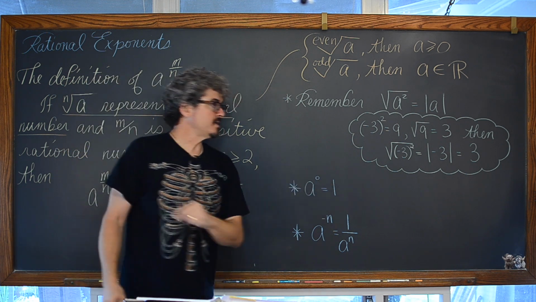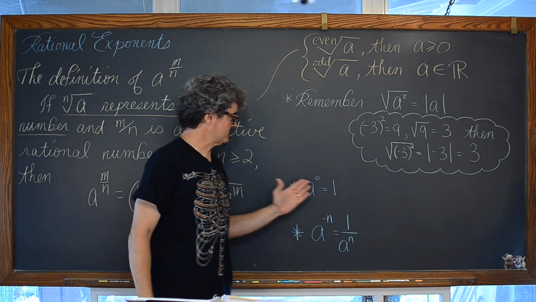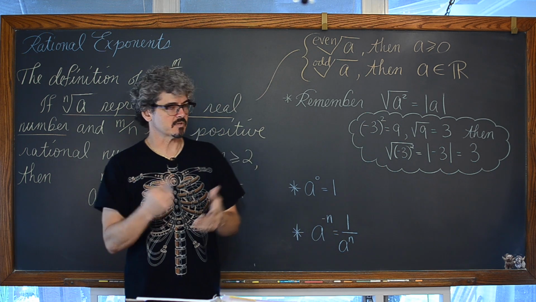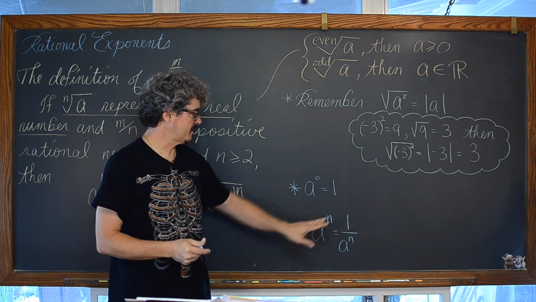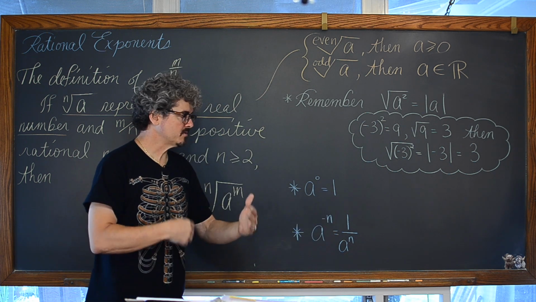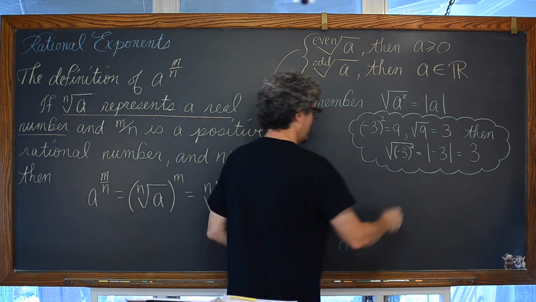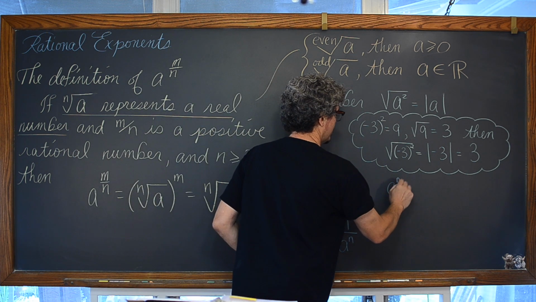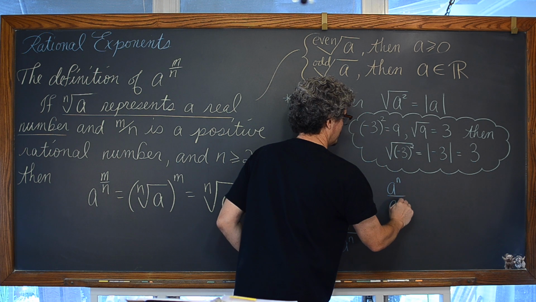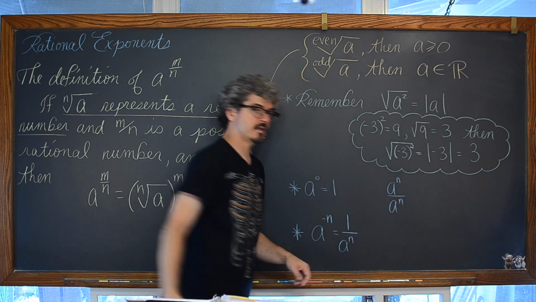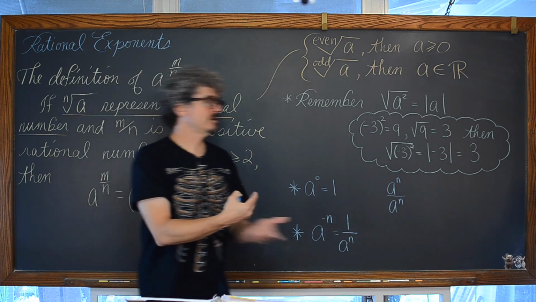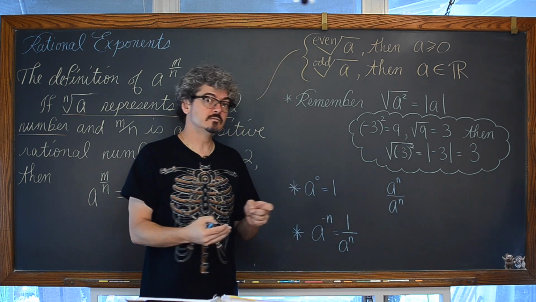Anything to the 0 power is equal to 1. If your teacher has always said this is true just because the textbook says so and has never validated it, we can show that this is true by using our properties of exponents. Anything divided by itself, like a to the n divided by a to the n, or 5 divided by 5, is equal to 1, right?